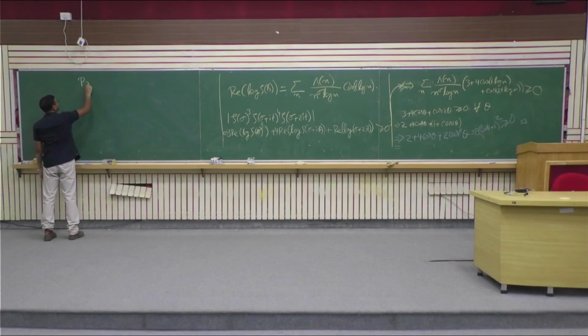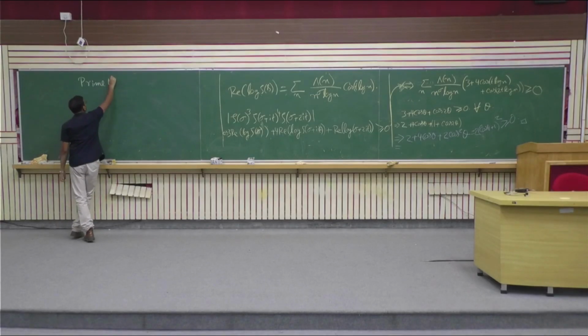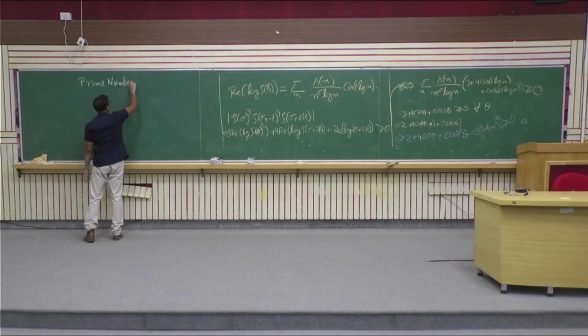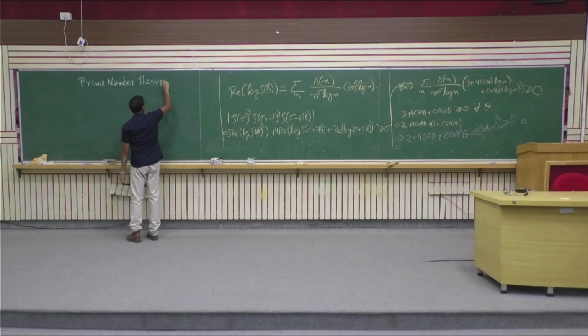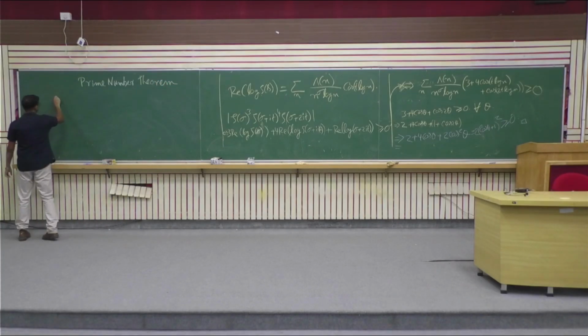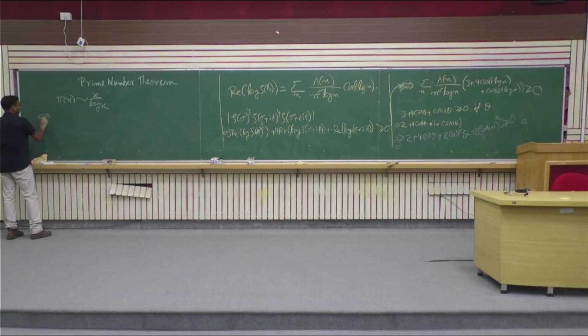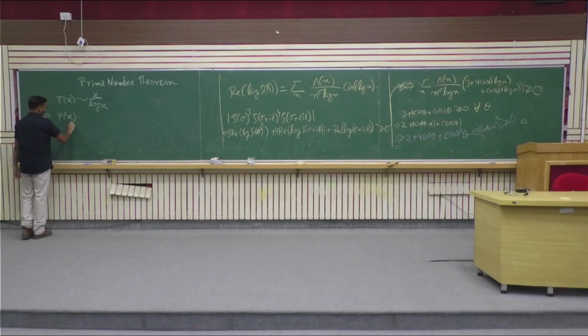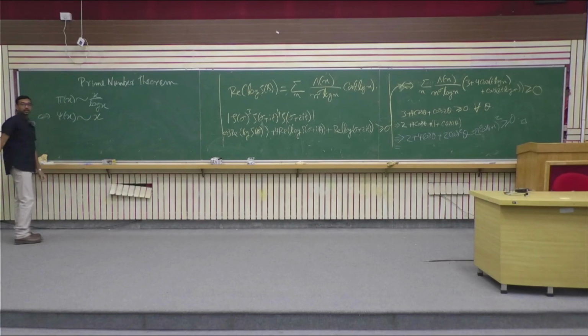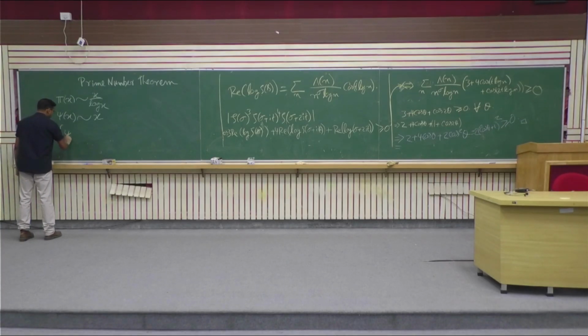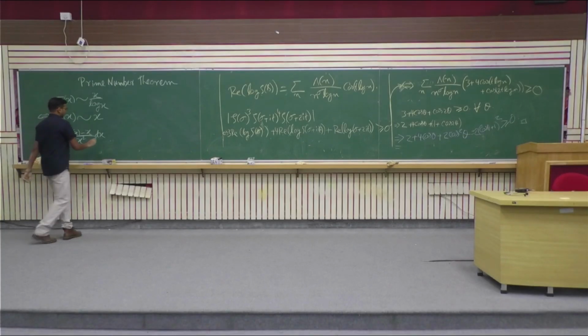So let's recall what we did so far. We wanted to show that pi x is equivalent to x by log x. We saw that this is equivalent to xi x being asymptotic to x, and this was implied by the convergence of the integral of xi x minus x by x squared dx from 1 to infinity.